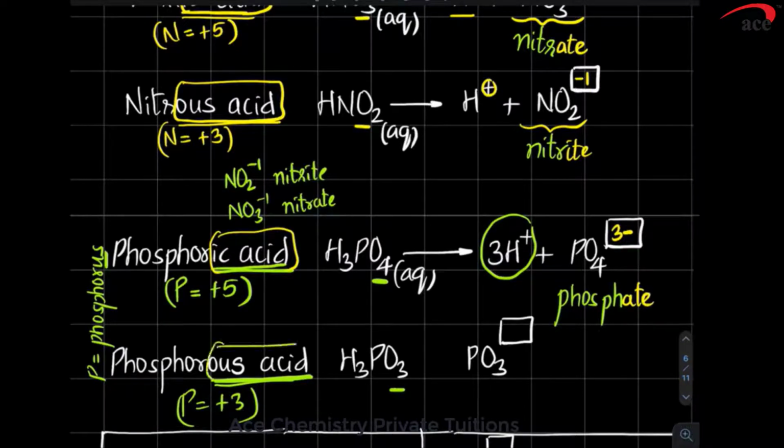While the ion from ous acid by removal of 3 H plus will be 3 minus and will get the name, yes, phosphite, because it's coming from phosphorous acid. So remember, PO4 is phosphate, PO3 is phosphite. You know what to do now? Correct. Pause the video, write and practice.